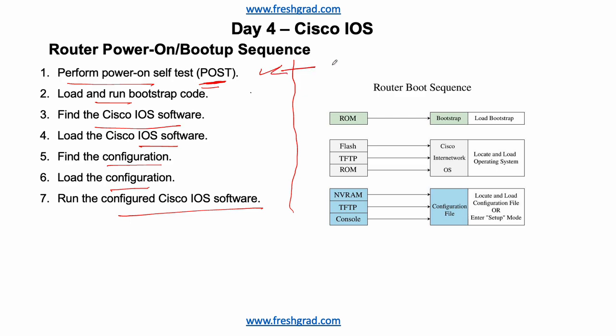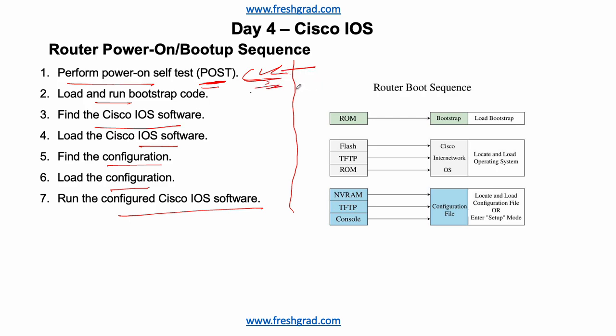Some routers have two power supplies, and if only one is working, you will see it. If a pin is broken or some interfaces are not working, you will see those error messages on your monitor. So this is what happens: it checks the hardware details at POST.